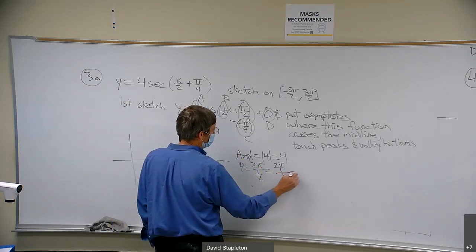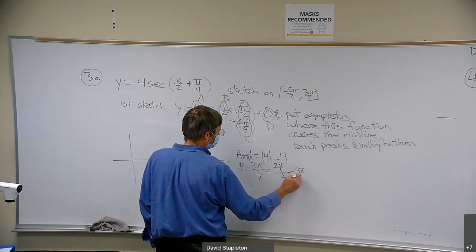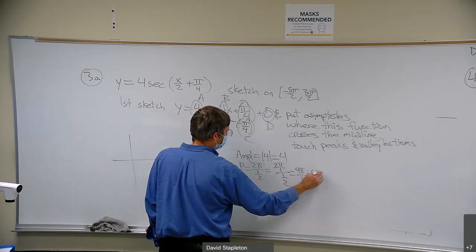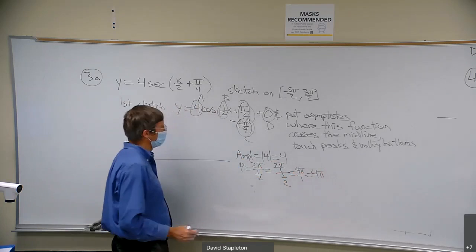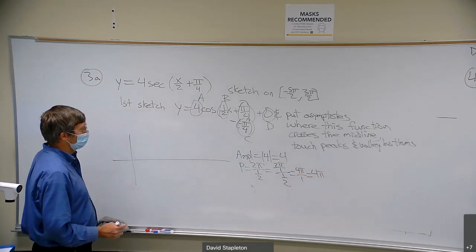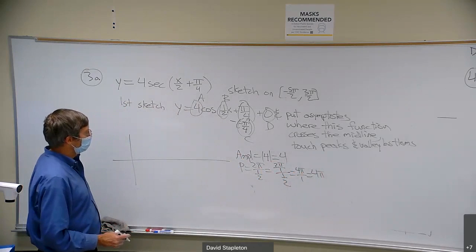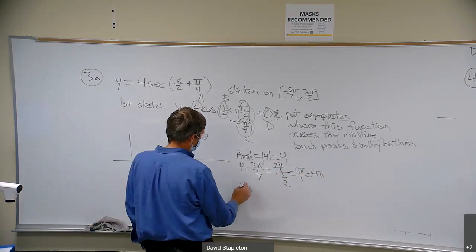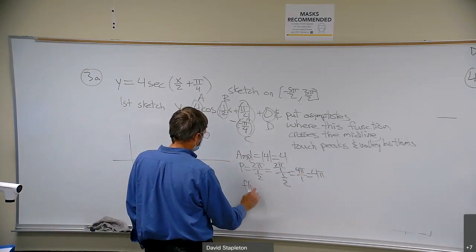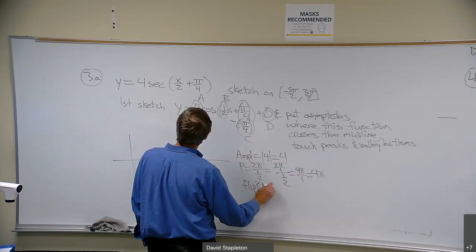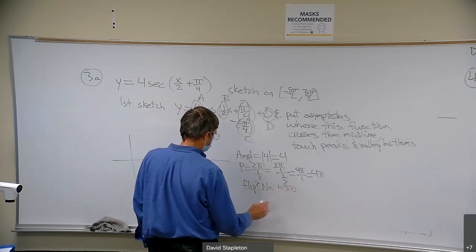Top times bottom is 4 pi, middle times middle is 1. The period is actually 4 pi. How about that? Is there a flip? No, because A is positive. 4 is greater than 0.